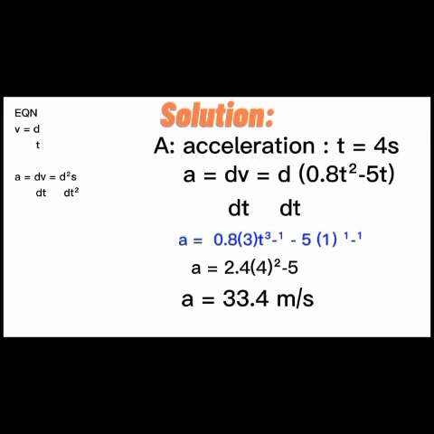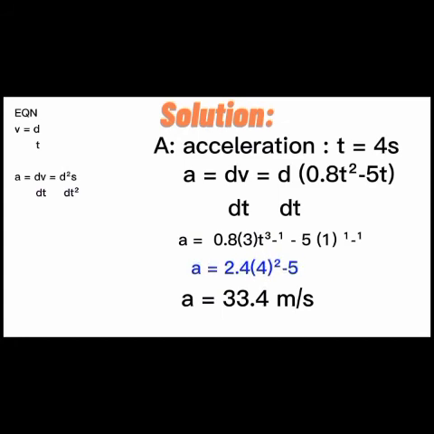So for the equation, 0.8 multiplied by 3, we will get 2.4. Then 3 minus 1, we will get 2 for the exponent of t. And minus 5, because 5 multiplied by 1 is 5, then 1 minus 1 is 0.